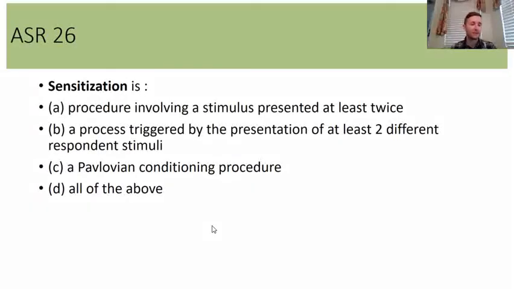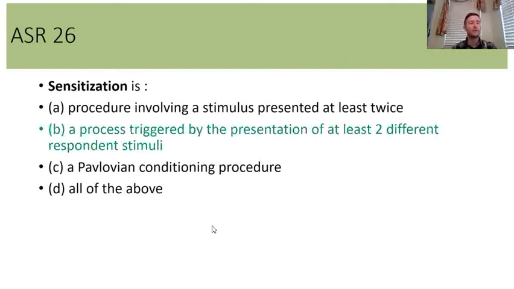Okay, ASR 26. Sensitization is A, a procedure involving a stimulus presented at least twice. B, a process triggered by the presentation of at least two different respondent stimuli. C, a Pavlovian conditioning procedure. Or D, all of the above. Give you a couple seconds.